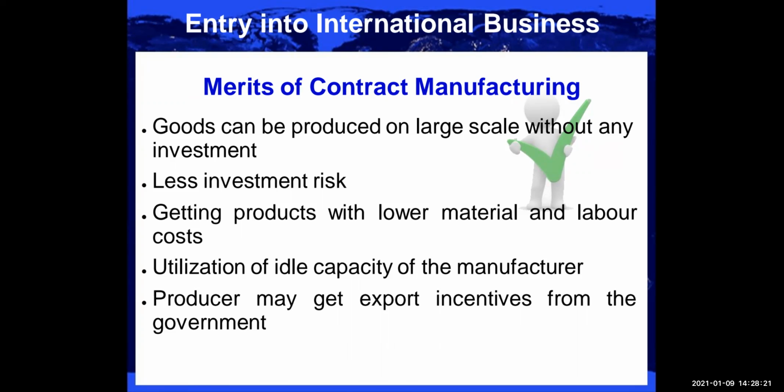Over here, you get the products with lower material and labor cost, and there is utilization of idle capacity of the manufacturer. The producer may also get export incentives from the government. For example, if a particular company or exporter or importer is doing extremely well, then they may also get certain subsidies, benefits, or incentives from the government.